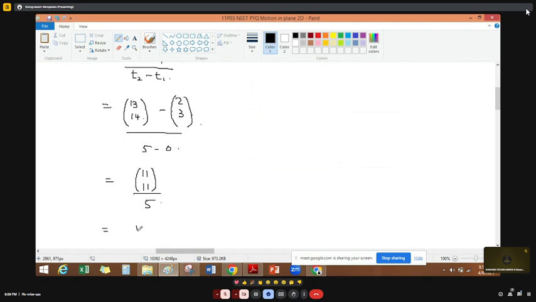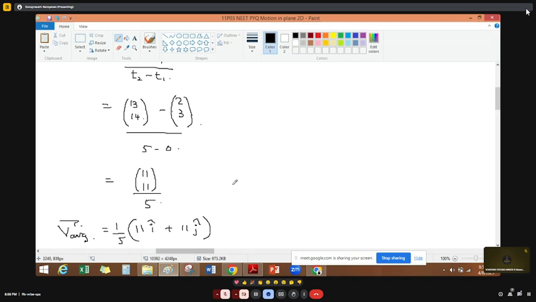So this can be written as 11i plus 11j, because this one is x and this one is y, and if you add a third one it will be k or z. This will be 1 by 5. So that's all. So that's your V average.